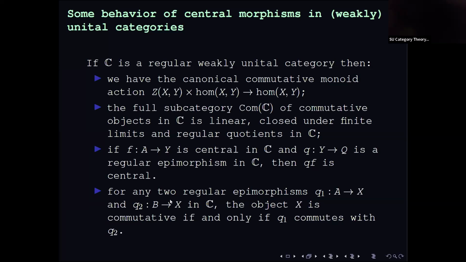Another property is that if you're given any two regular epimorphisms into the same object, and those two regular epimorphisms commute, then in fact the object X is commutative. So there's some behavior of central morphisms, and all of this behavior exists within a weakly unital category.